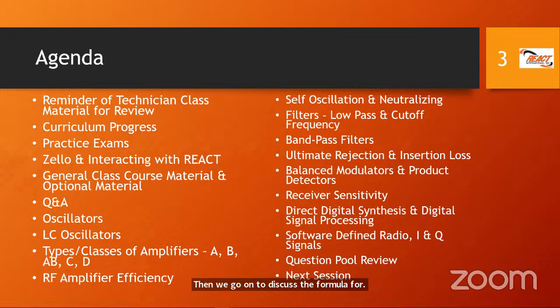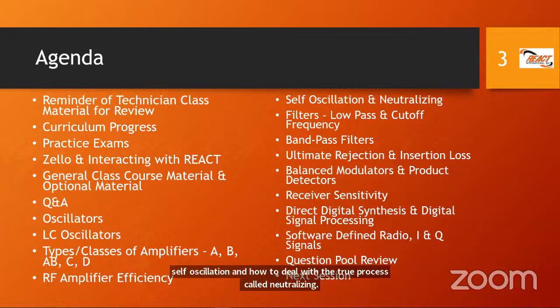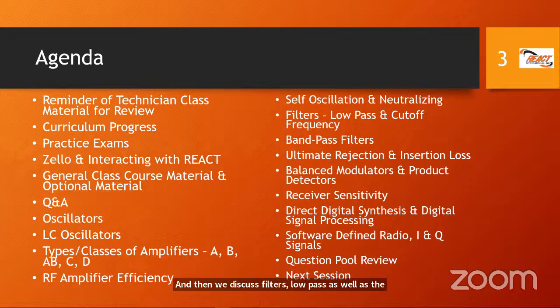Then we discuss the concepts of self-oscillation and how to deal with it through a process called neutralizing. And then we discuss filters, low pass, as well as the concept of cutoff frequency. Then we deal with band pass filters, and then we discuss the concepts of ultimate rejection and insertion loss.